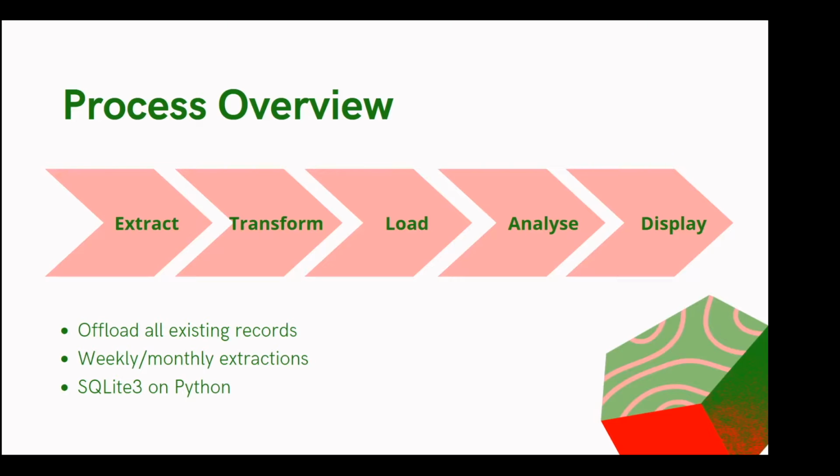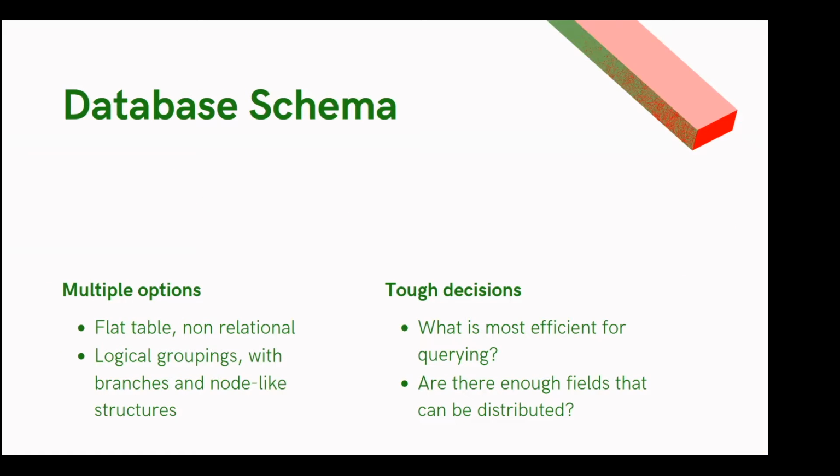Think about milk on a shelf at a supermarket, where you grab the one that's going to expire soonest first because of the way they stack the shelves. So the data warehouse is designed so that complex queries come back quicker. And so from this, the next slide, I'm going to hand over to Raf, who's going to talk a bit more about database schema, which is where data warehousing comes into its own.